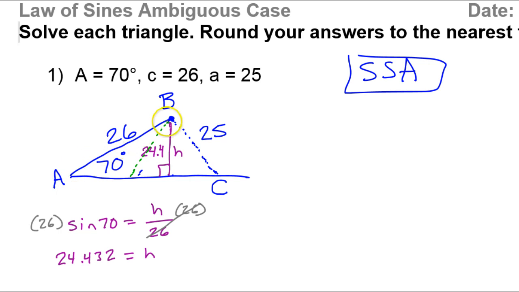Because looking at side C, the 26, this is longer than the 25. So if the 25 were here, it would fit. So the 25 could fit here where the green is, or it could fit out here where the blue is. So there really are two different triangles that we could make. So that means we're going to have two different solutions to this problem. Okay, so we will have one solution that looks like this.